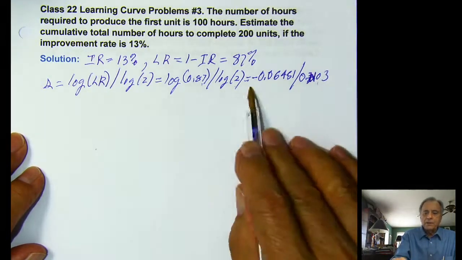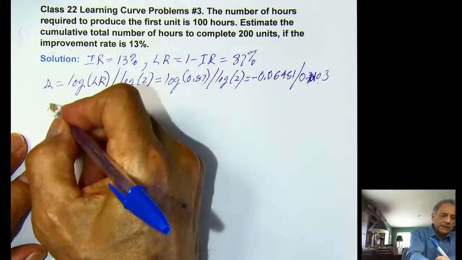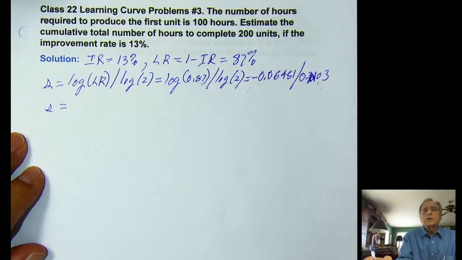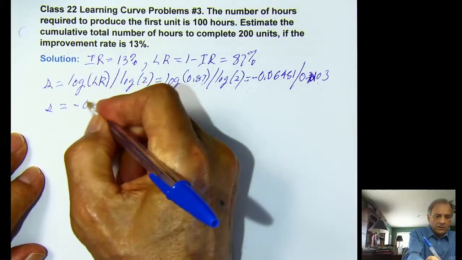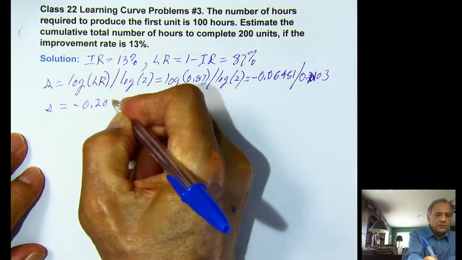And when we do this calculation, we'll get S equals minus 0.20091.